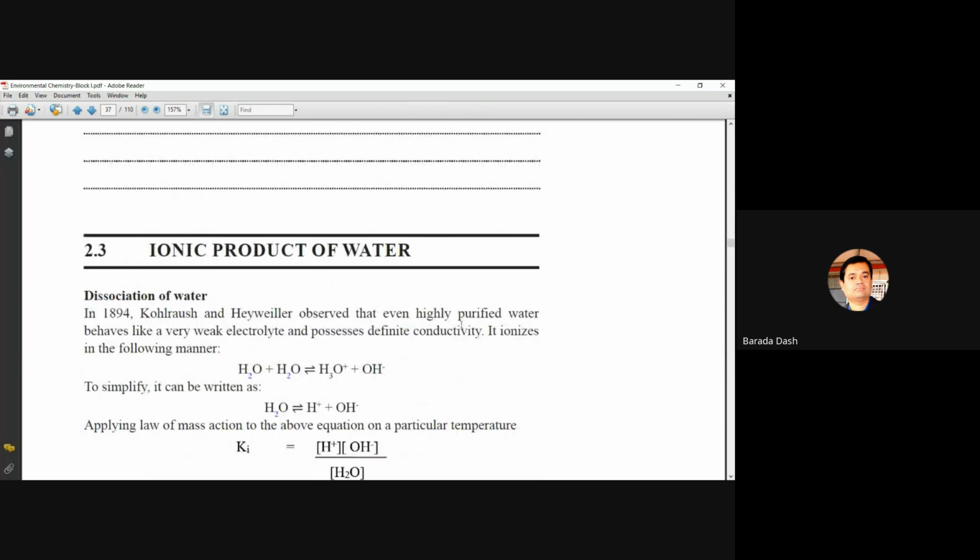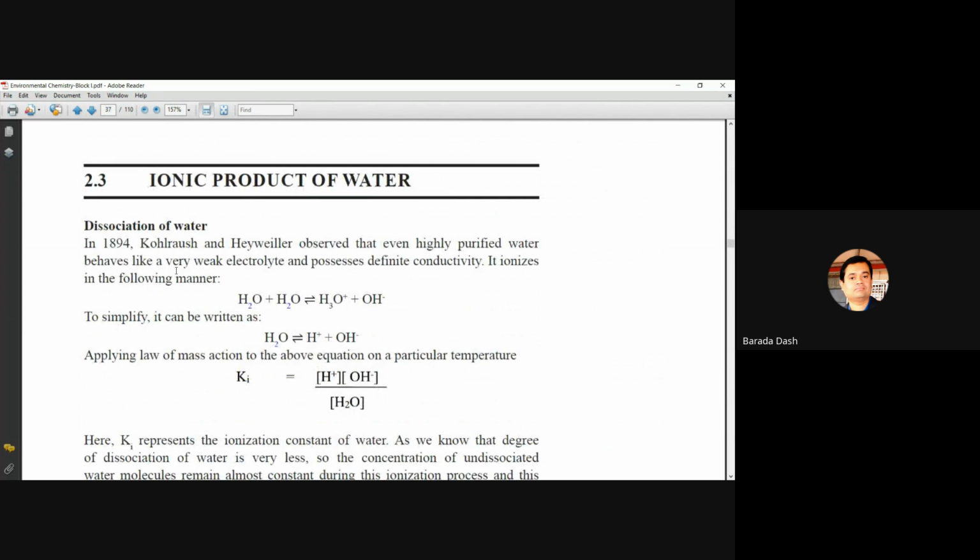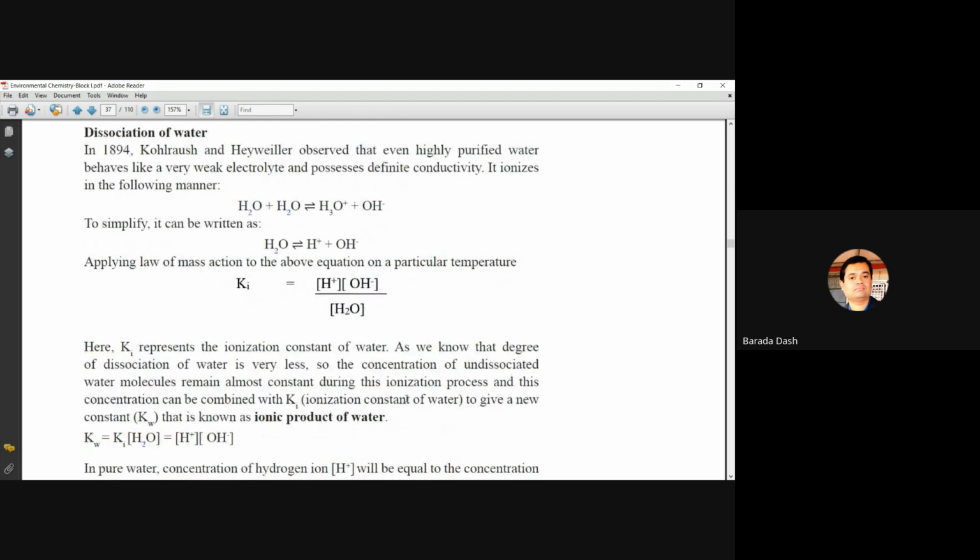Then the ionic product, which means dissociation of water. Water plus water gives H3O plus plus OH minus. Applying the law of mass action to this equation at a particular temperature, Ki equals H plus times OH minus divided by H2O.